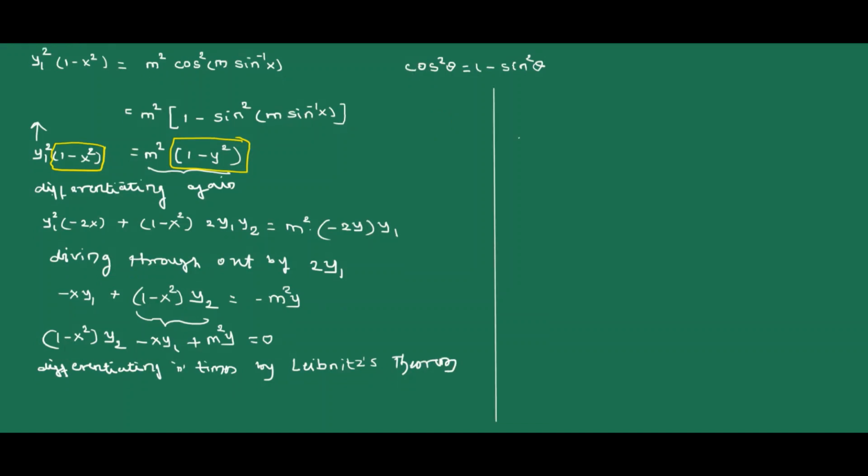First I have to differentiate (1 minus x square) into y2, where 1 minus x square is v and y2 is u.